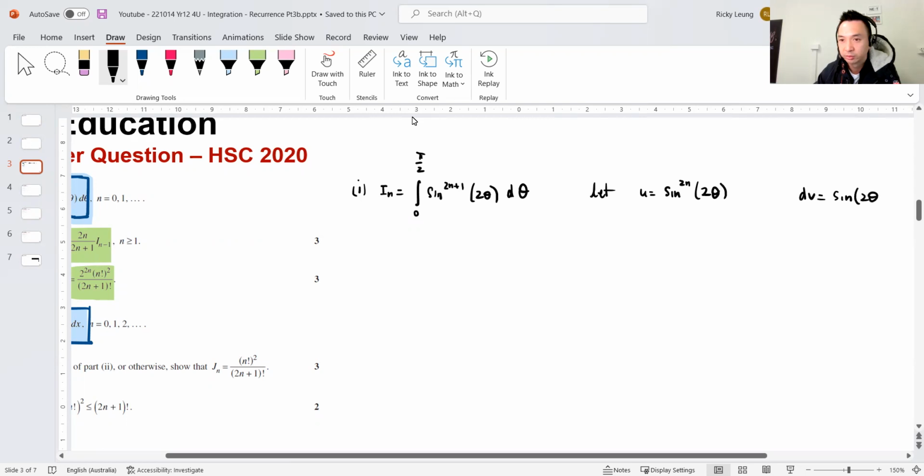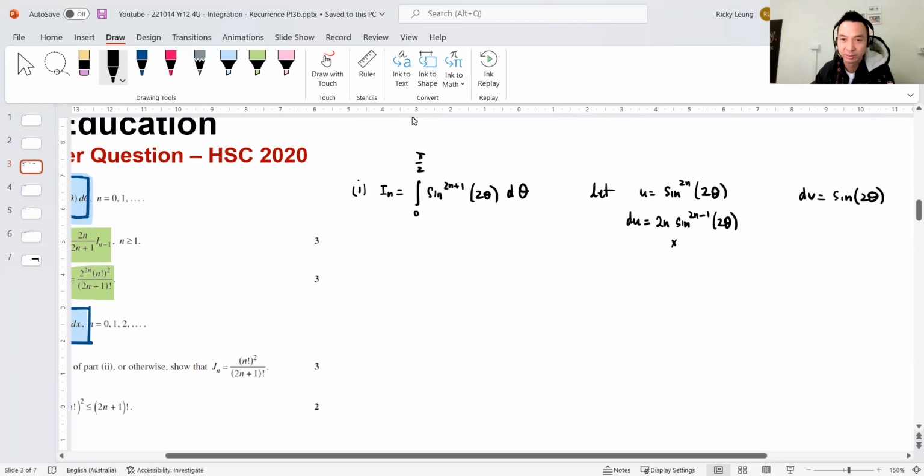In which case, when I go du, let's see. Bring down the 2n. This is chain rule. So then knock off one of the powers, sine 2n minus 1 of 2 theta, and then multiply that by the derivative of sine 2 theta.